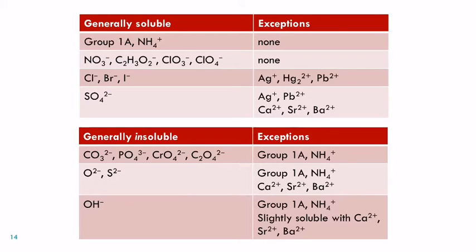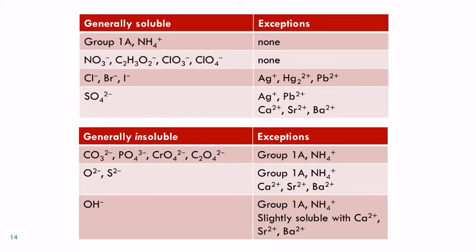So basically we look at two different groups. We look at compounds that are generally soluble and those that are generally insoluble, and then, of course, there have to be some exceptions. So generally soluble compounds, any ionic compound that contains a group 1A cation.